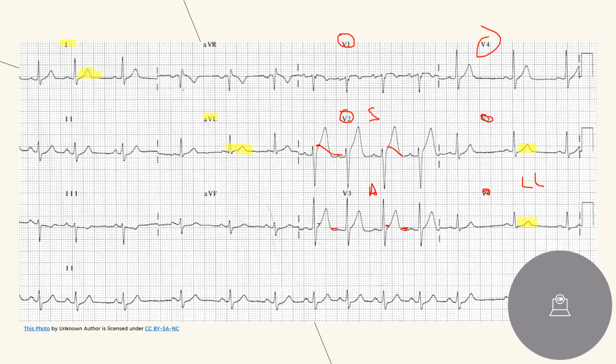That looks pretty flat. So pretty good there. And then 2, 3, and aVF. So that's a T wave. Looks pretty flat. Oh yeah, we did look at this one already. Inverted in 3. A little bit off. But 2, 3, and aVF look pretty good. So that would label this guy a septal, or I'm sorry, anterior septal MI.